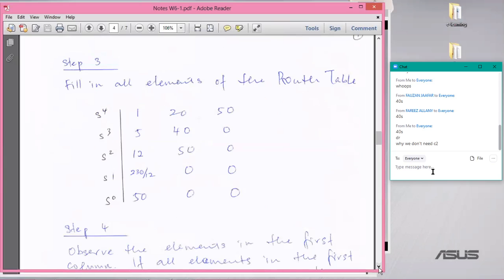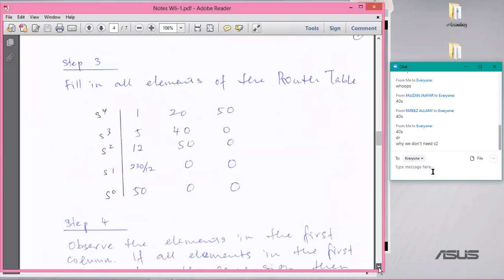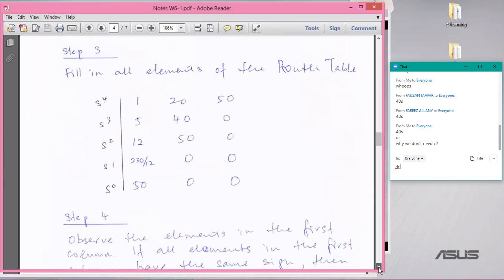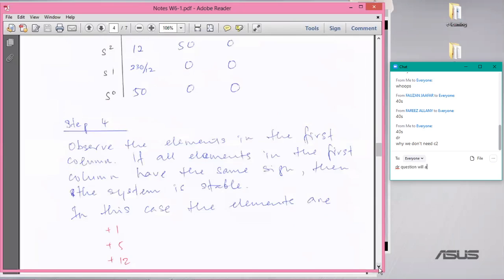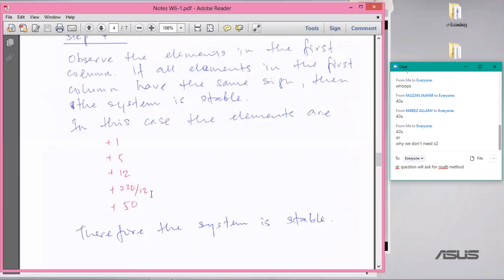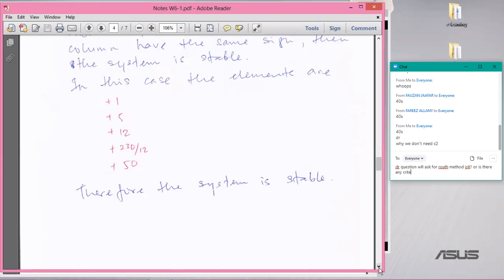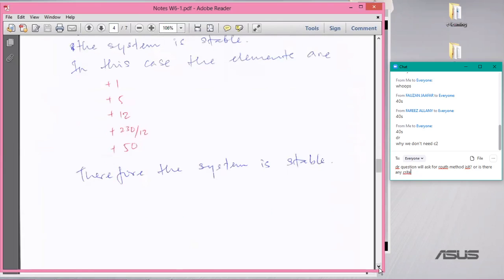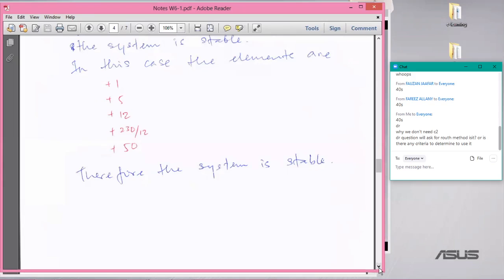Then you fill in the elements and look at the first column. Therefore, the system is stable. These are the elements in the first column. The first time, of course, we need to go into detail. After this, you just fill in the Routh table very quickly.